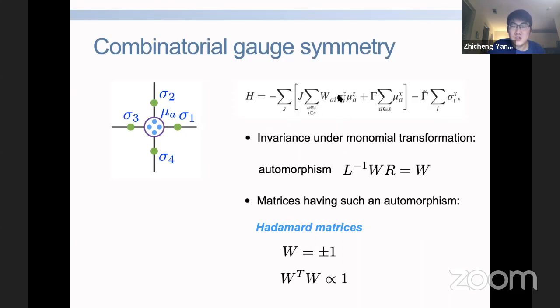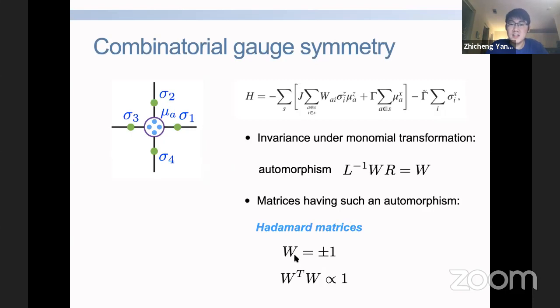Equivalently, because we are doing a transformation on the sigma and the mu's, you can view this as a transformation on the W matrix, L inverse W R. So invariance under the monomial transformation translates into the following automorphism on the W matrix, meaning the W matrix has to be invariant under L inverse and R transformation. It turns out that matrices having such an automorphism have a special name: Hadamard matrices.